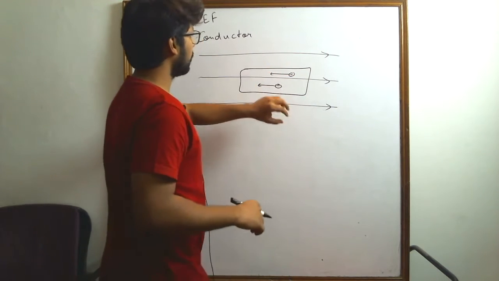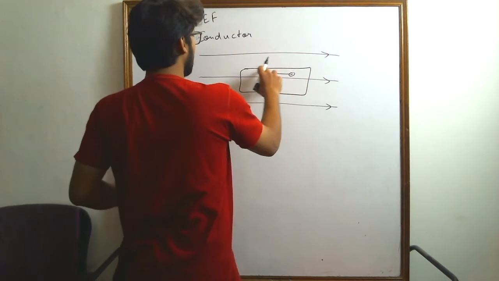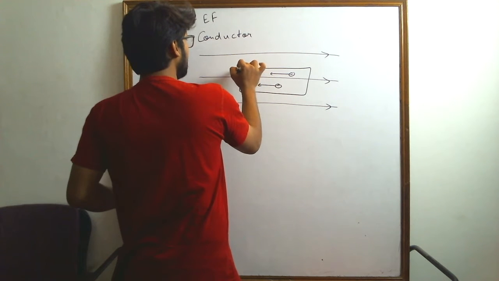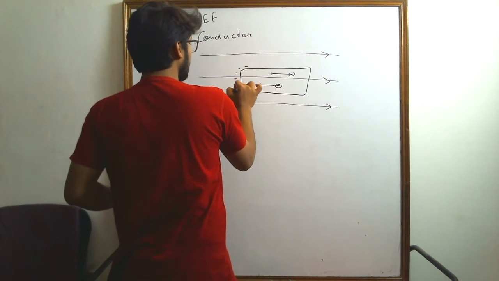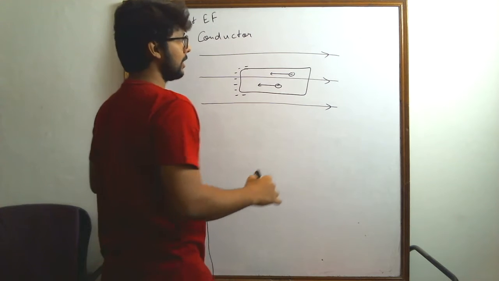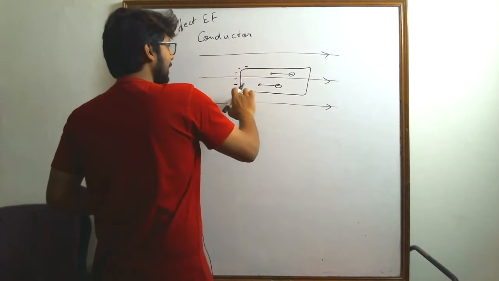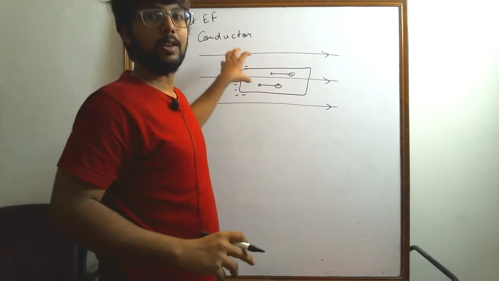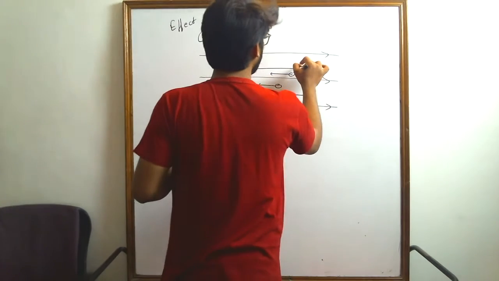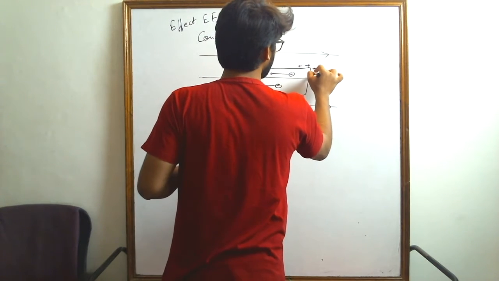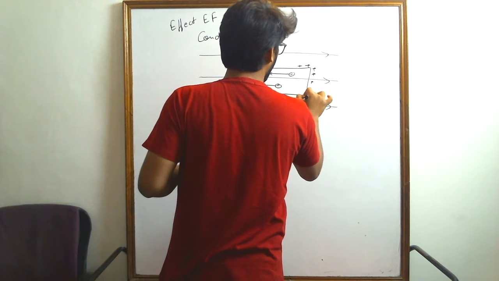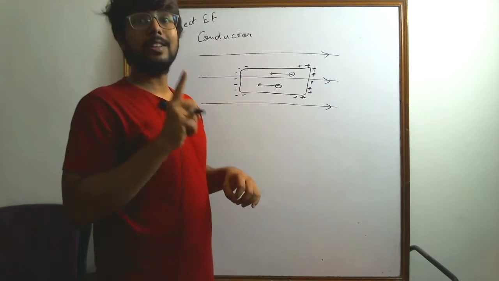So the free electrons start moving and align themselves in such a way that the negative charge comes here. There is a concentration of negative charge here, and on this side there is a concentration of positive charge on the surface of the conductor.